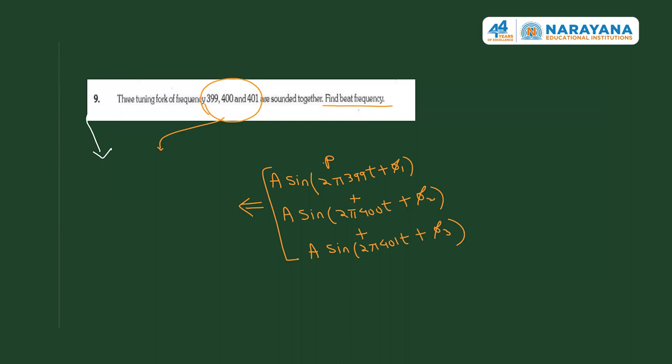Now what I'm trying to observe is, can we convert the superposition of these signals into a pattern which is similar to that of beat? When you talk about beat formation, you talk about oscillation of the signal, along with the oscillation of amplitude.